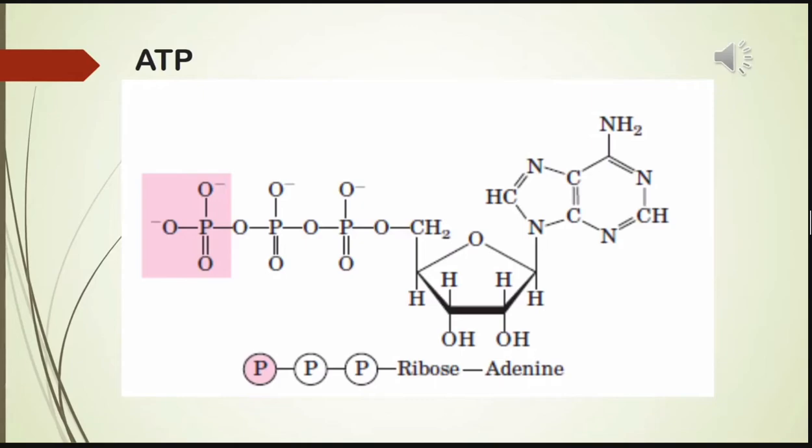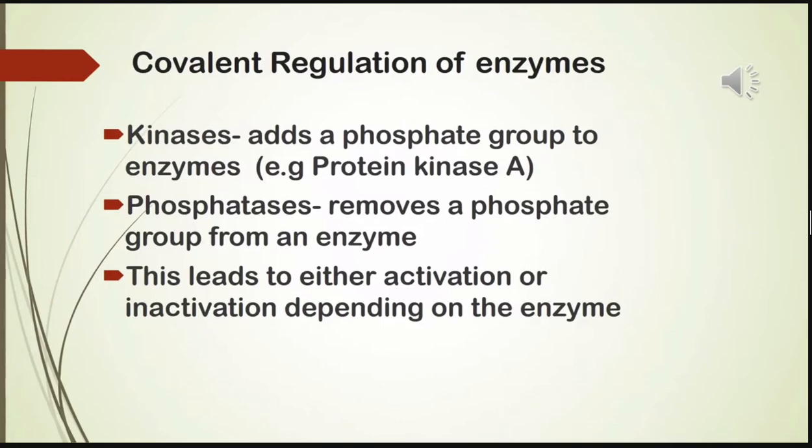Adenosine triphosphate obviously would not be complete without the three phosphate groups attached to your ribose. Another important function of phosphate is the covalent regulation of your enzymes.